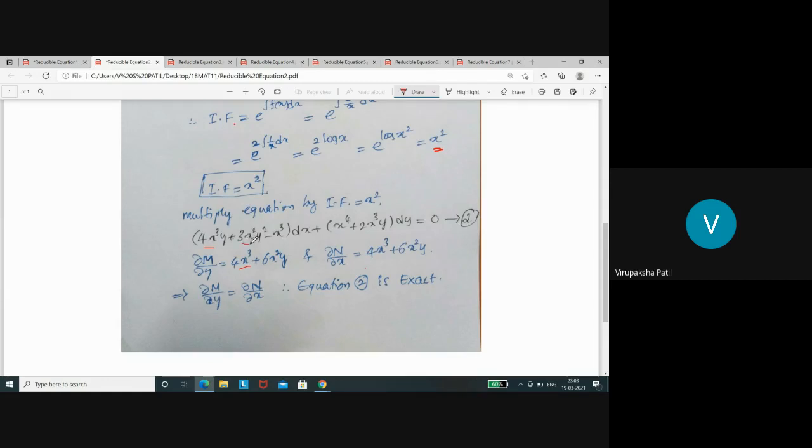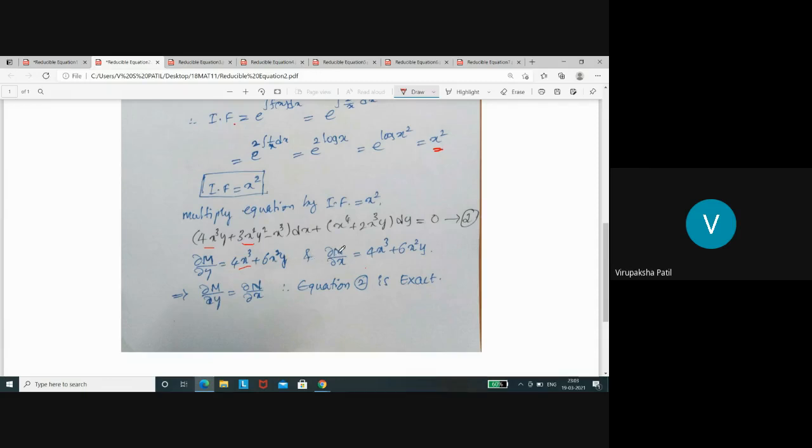Then 3x square is held constant, differentiation of y square is 2y, so 2y into 3x square becomes 6x square y, and differentiation of x cube with respect to y becomes 0, so we are not going to write it here.